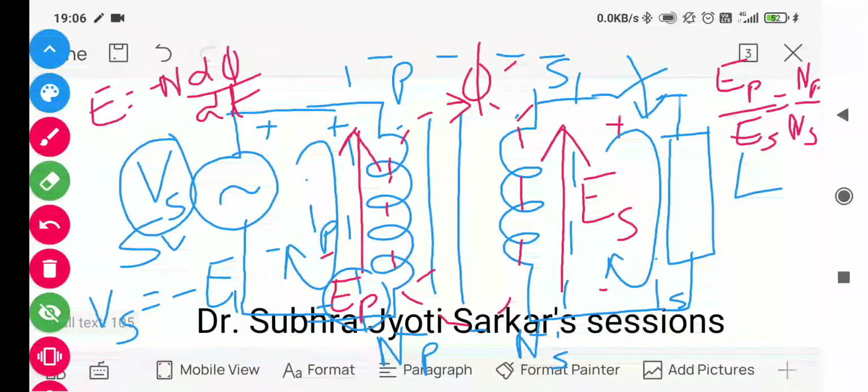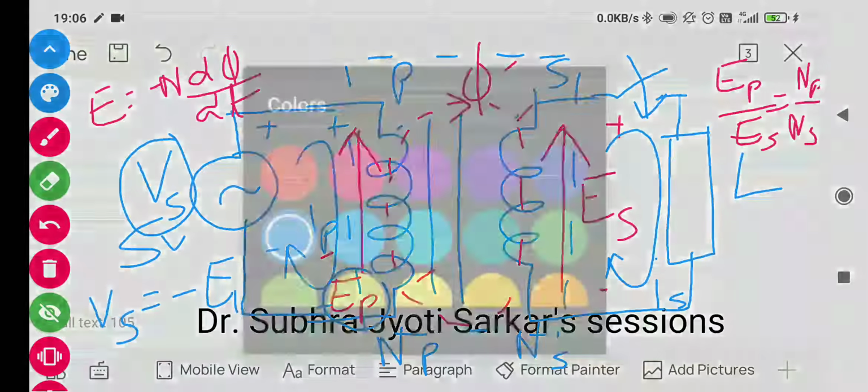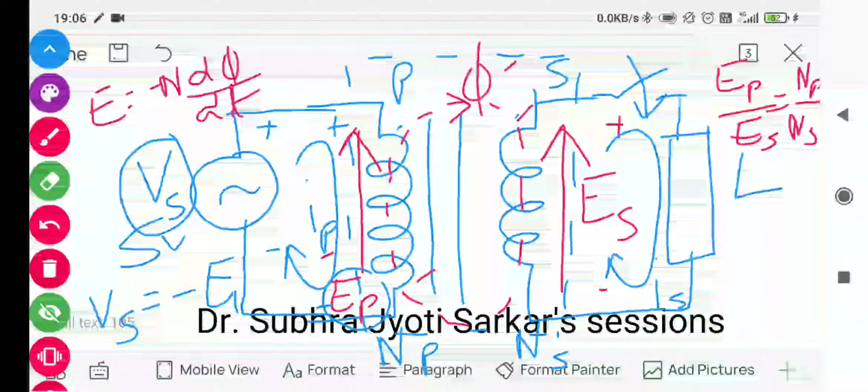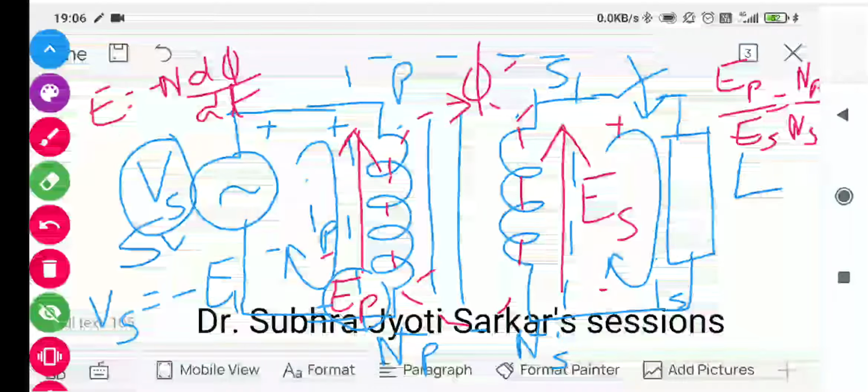So what would be the direction of that flux? The direction of flux will be opposite to that of the main flux, because IS is due to ES. Why is ES there?